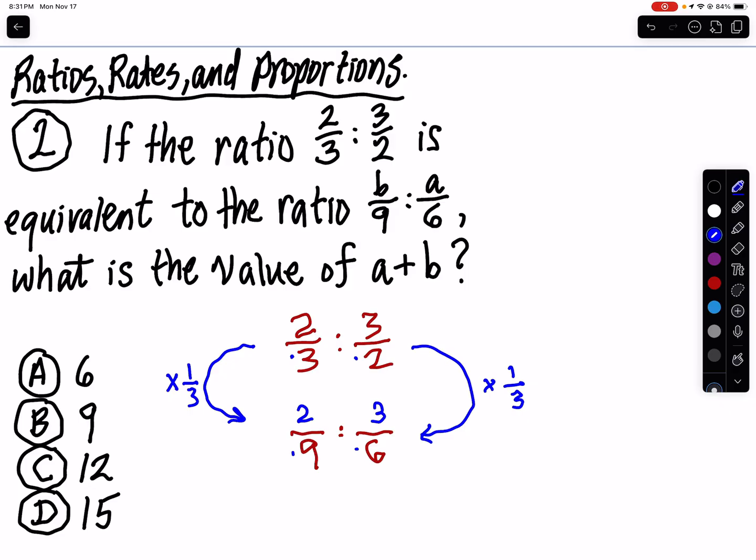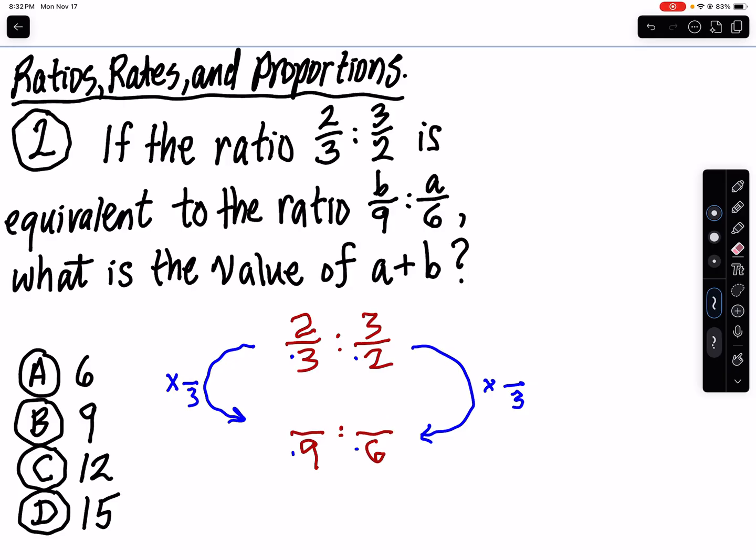However, the answer a plus b is, in this case, 5, which is not one of the answer choices. So we're going to have to go back to the drawing board, and it must not be 1 up here. Maybe it's something else. Maybe, for example, it's 2, or maybe it's 3, or 4, or 6, or 9. We don't really know.